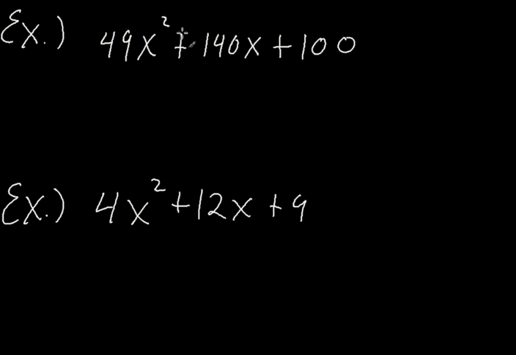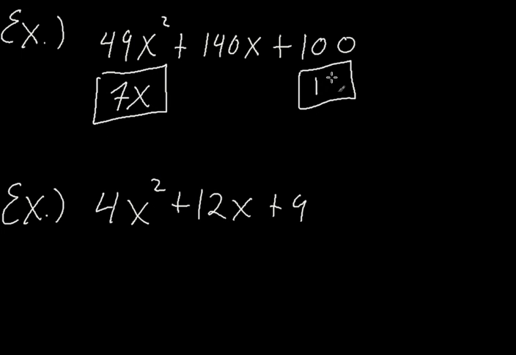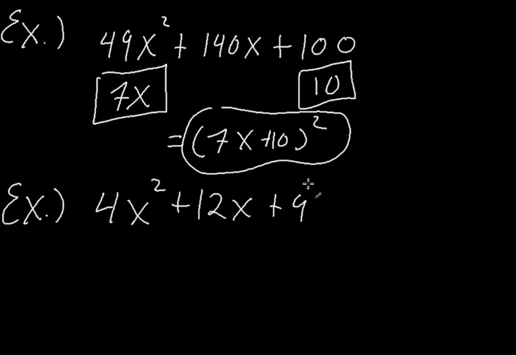You still can do this, but if you recognize that 49x squared is (7x) squared and 100 is 10 squared, then you might be able to see that (7x + 10) squared is the correct answer. Okay. Let's check the cross terms. 2 times 7 is 14 times 10 is 140x. So that works. That's the answer.